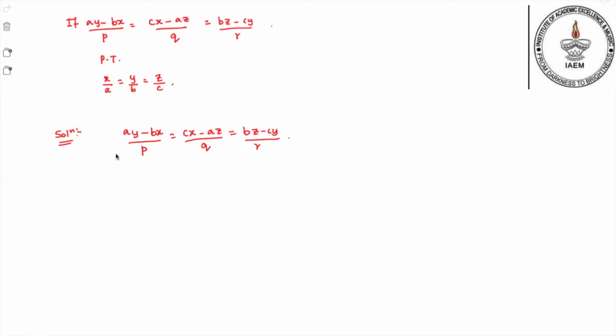If we look at the first term, it contains a and b, but any term related to c is absent. So we multiply the numerator and the denominator by c.